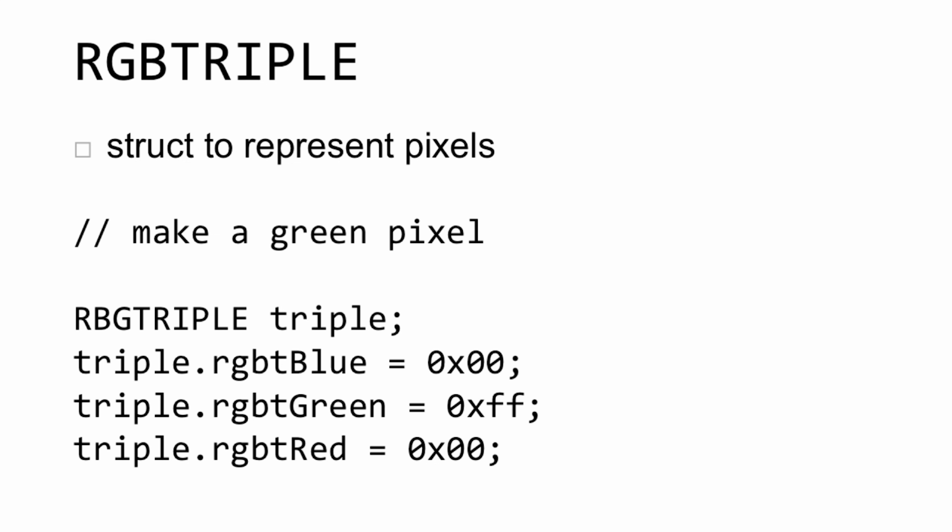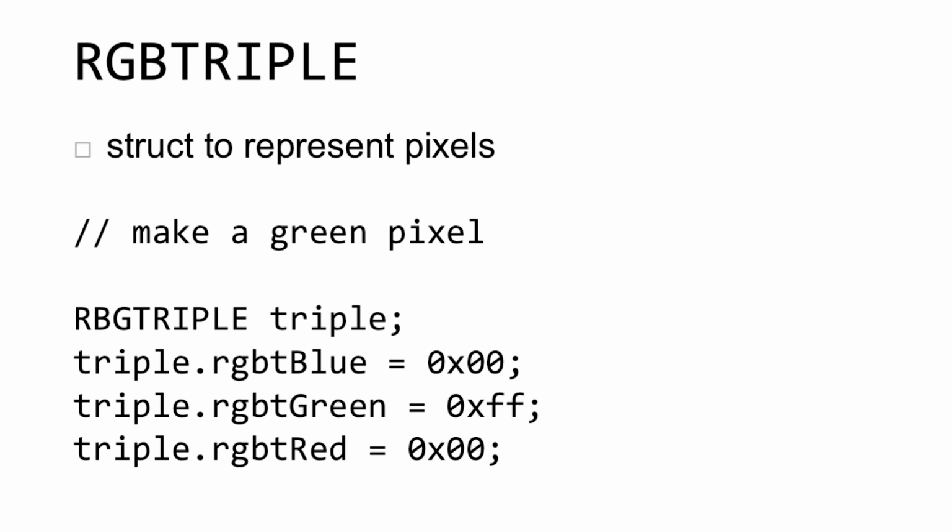All right, so let's take this one step further, and let's talk about the RGBTRIPLE struct. This struct will represent our pixels. So if I were to say make a green pixel, then I'd declare my RGBTRIPLE called triple, and then access the parameters within. triple.rgbtBlue, I'll set that to 0. triple.rgbtGreen, setting that to full green, and triple.rgbtRed set to 0.